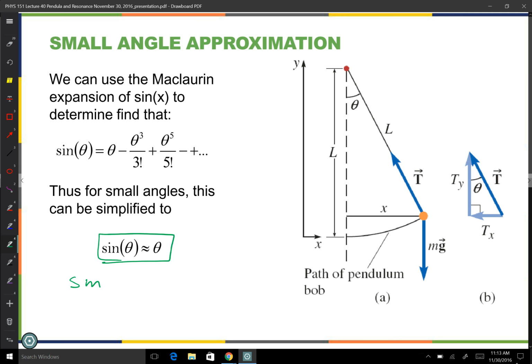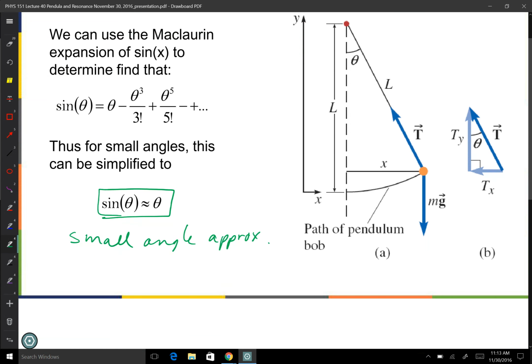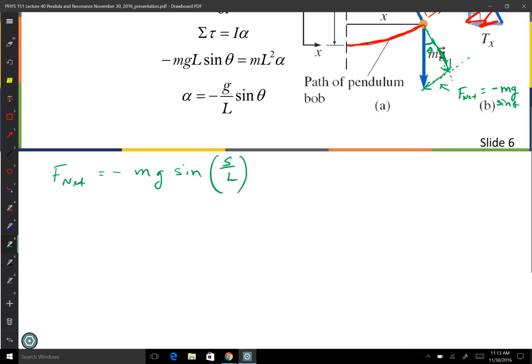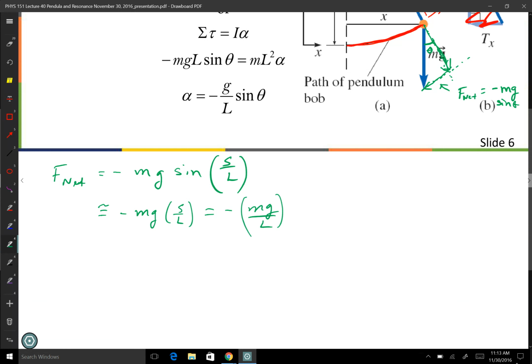So we call this the small angle approximation. There is a similar one for cosine theta. Cosine theta is approximately equal to 1 minus theta squared over 2 factorial, or over 2. And so we have this small angle approximation. Using that small angle approximation, if I come back, I can say that's approximately equal to minus mg times s over L, or minus mg over L times s.